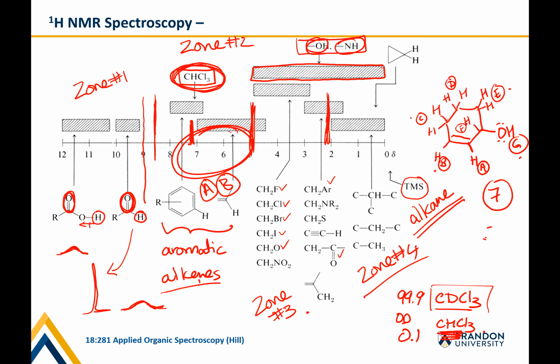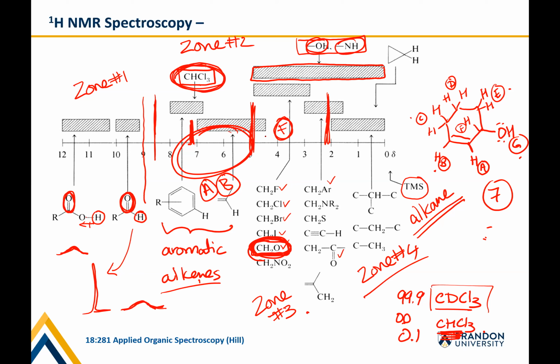This little proton F here, it's on a carbon directly bonded to an oxygen. So you'll see here that the protons on a carbon bonded to an oxygen, this would be in this area here. So proton F should be somewhere in the 3rd zone.